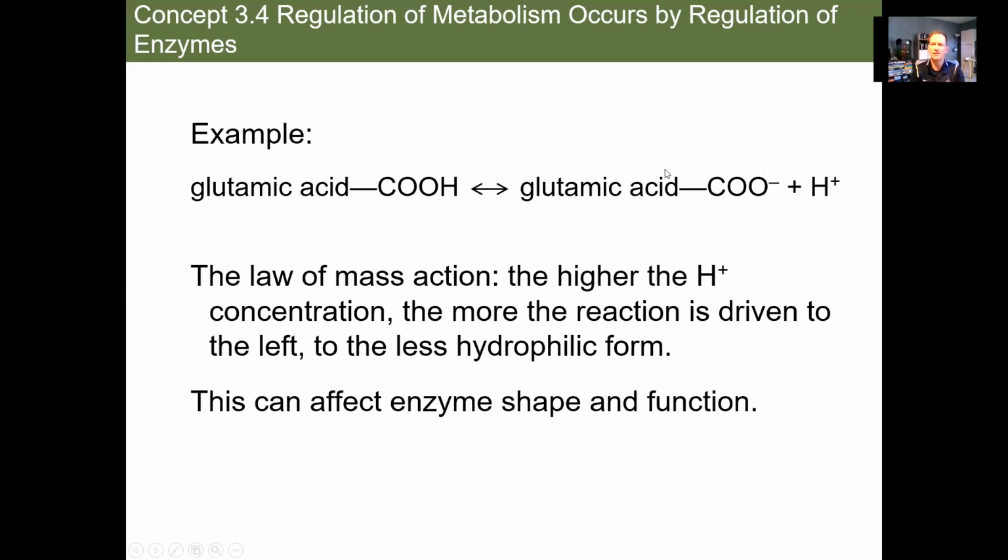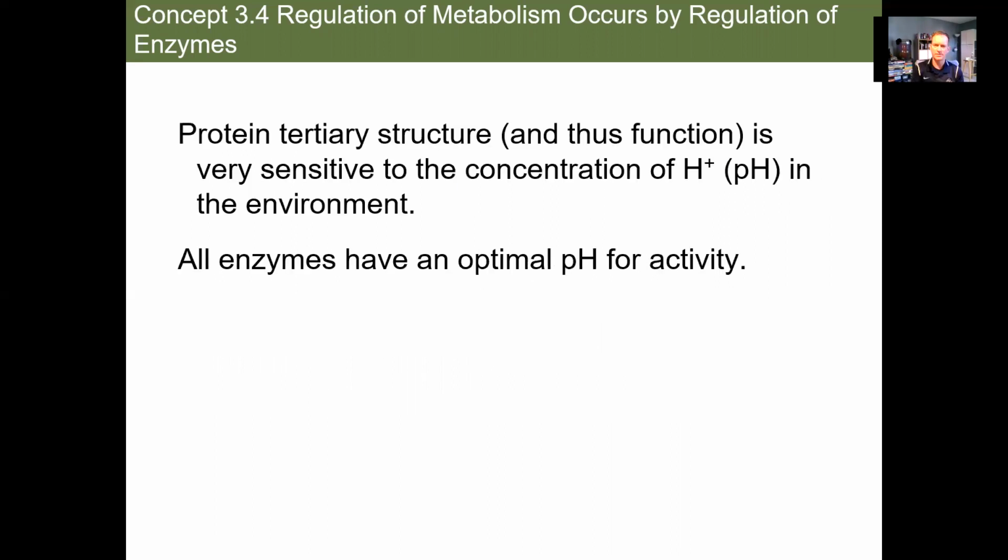Tons of protons are there. That's the carboxylate anion, the COO minus, and the H pluses are going to bind to it because there's a ton of them there. It's just going to attract them. And then it's going to become a less hydrophilic form, and that's going to affect enzyme shape.